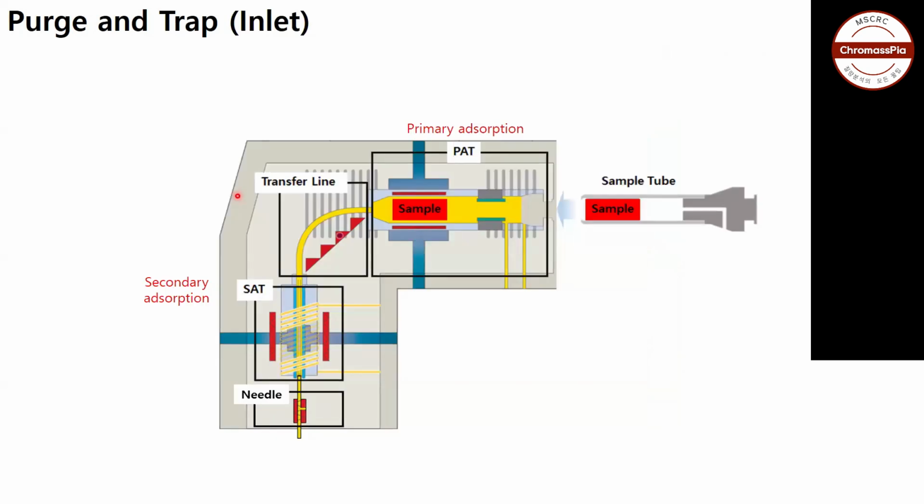Split ratio has many options in this device. Split ratio means how much of the sample you put in the device. Normally, we do not put in all the sample the first time because the device can become polluted, getting dirty.